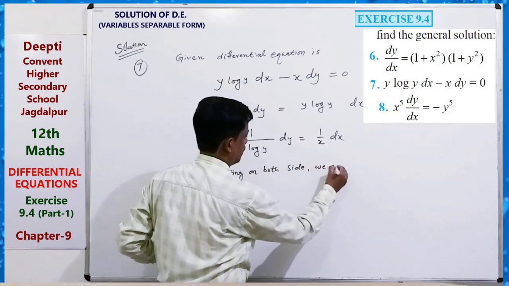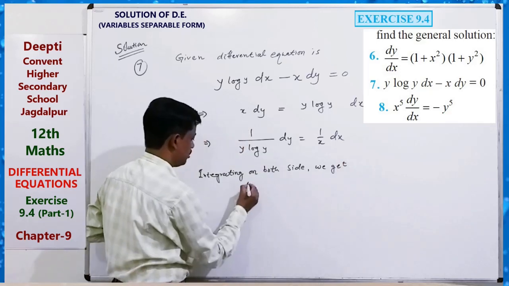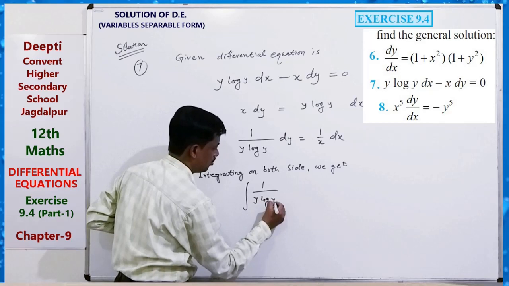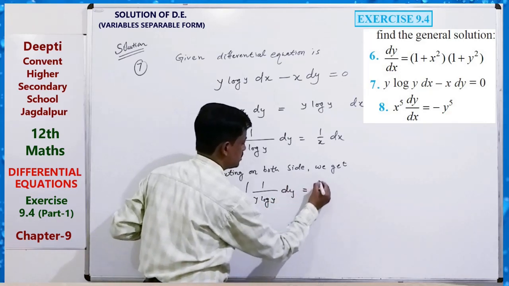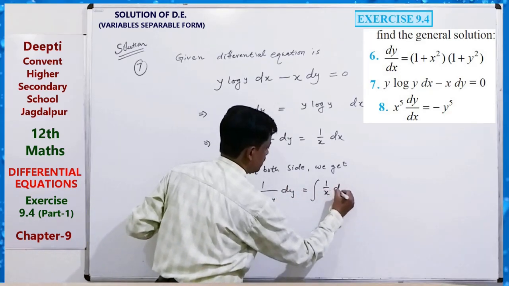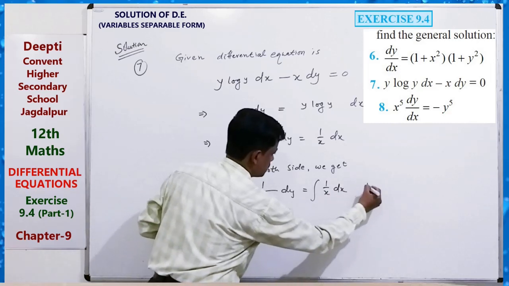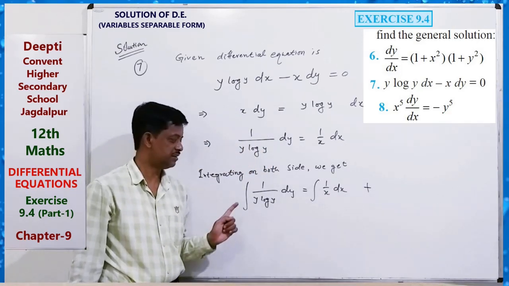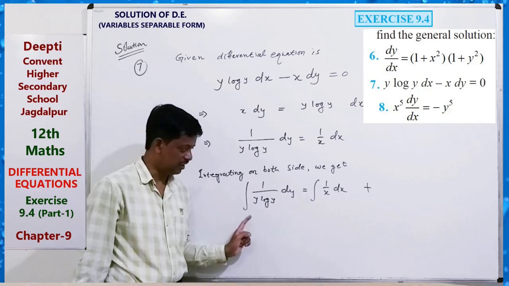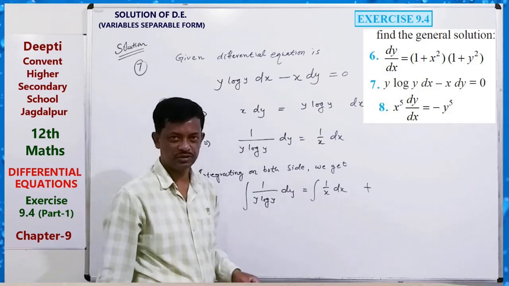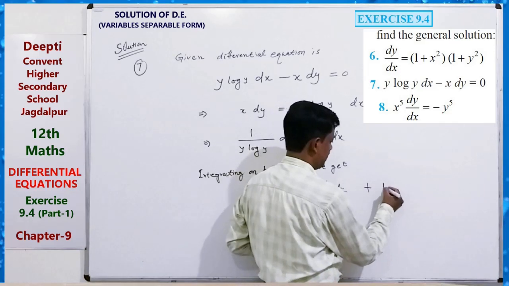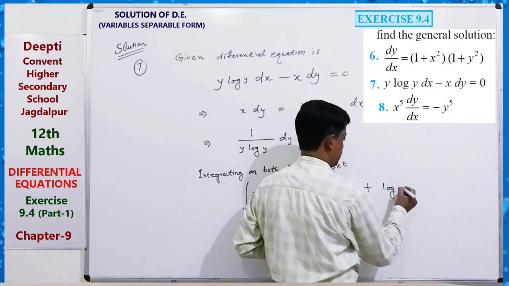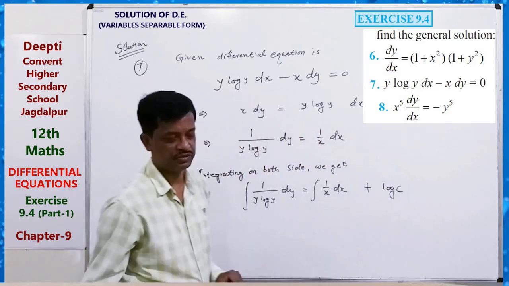We get the integration of 1 upon y log y dy equals the integration of 1 by x dx plus some constant. Since we will get log in both integrals, add the constant as log of c, suppose.